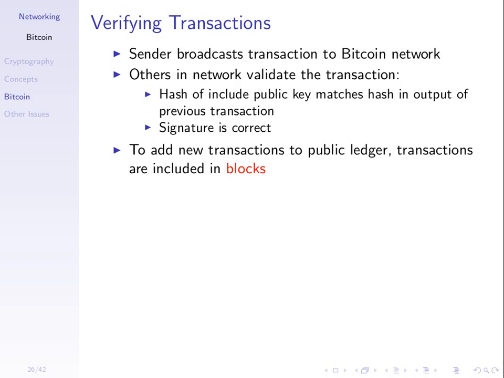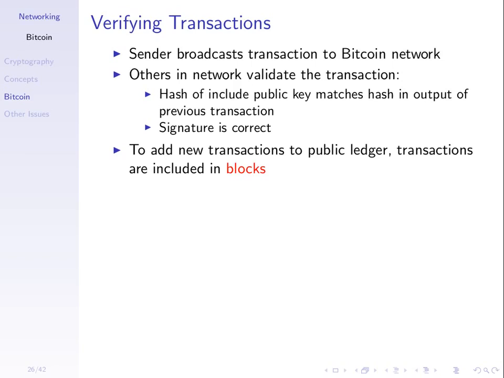The others in the network validate the transaction, check that I was the person who had the money in the first place, and check that the right amounts are used. So use the hash of the public key and check the signature. And once it's validated, they add new transactions to this public ledger, this public list of all transactions.